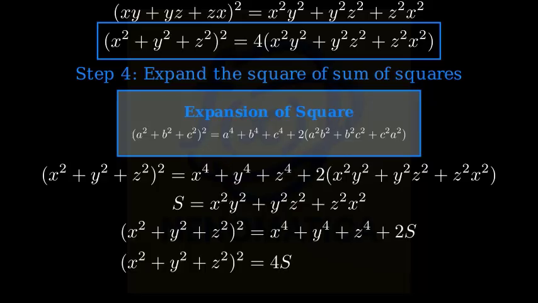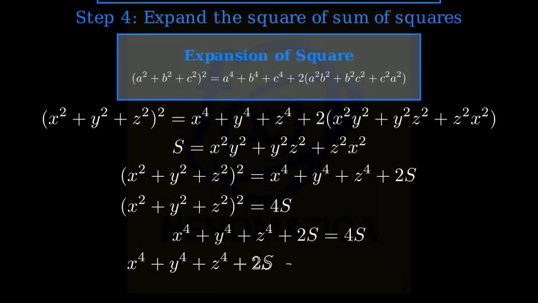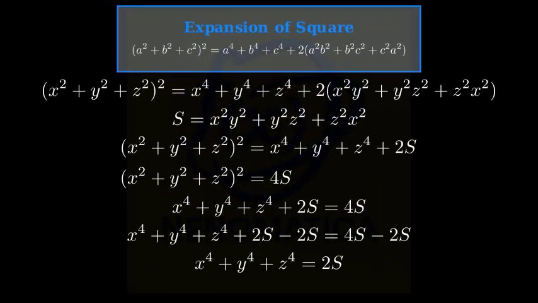But we know that 4s equals the square of the sum of squares, so 2s equals half of that. Therefore, x to the fourth plus y to the fourth plus z to the fourth equals 1/2 times the square of the sum of squares. Multiplying both sides by 2, we get our desired result. The square of the sum of squares equals 2 times the sum of the fourth powers.